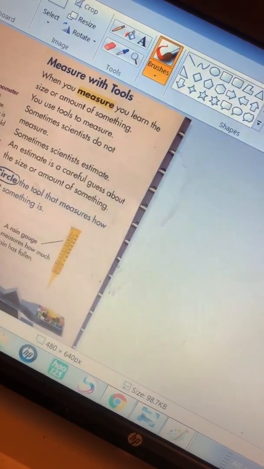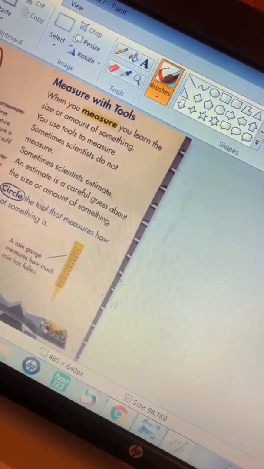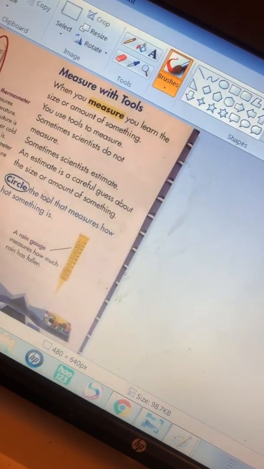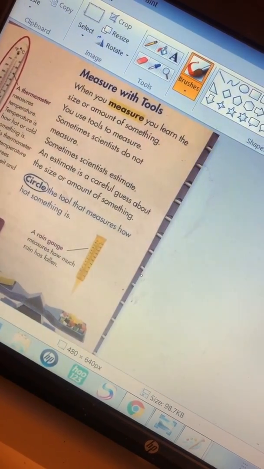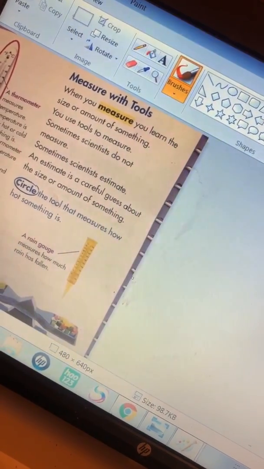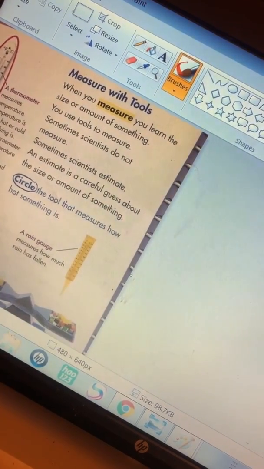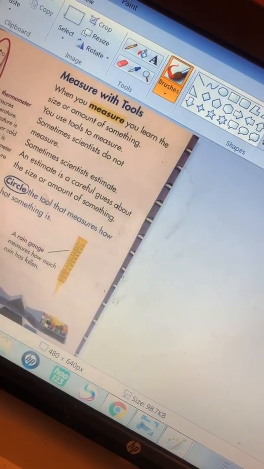So measure to learn or to know the size or amount of something, how much we have in this, or what the size of it is, or what the temperature is now. All of these we will learn inshallah today.